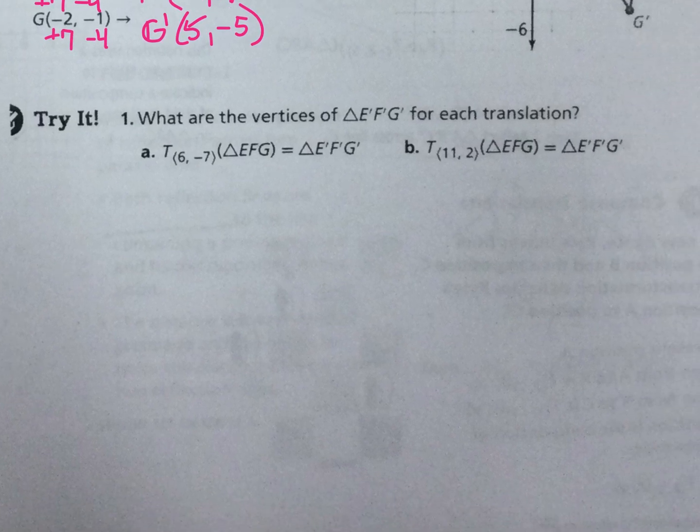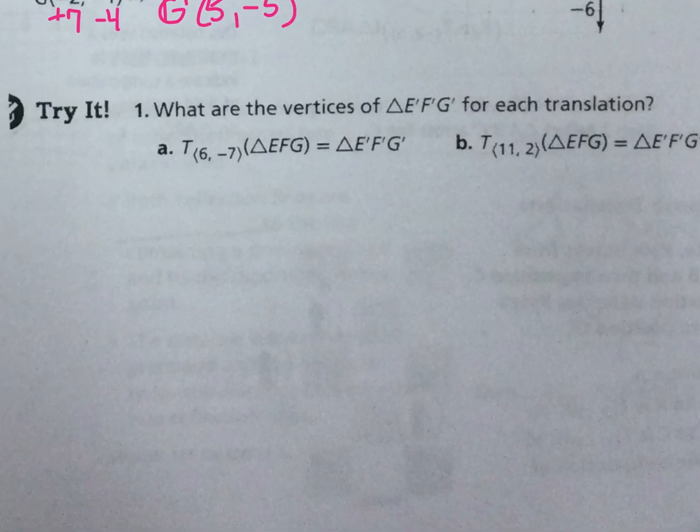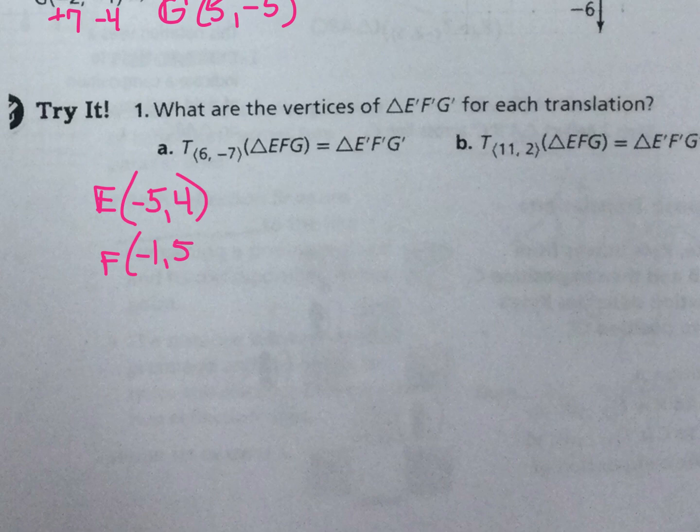So let's try it. So I'm going to write E is at, we're going to use the same points, negative 5, 4. F is at negative 1, 5. And G is at negative 2, negative 1. All right, so we do the translation right here.